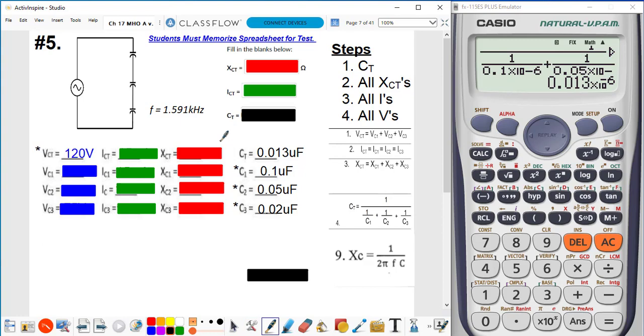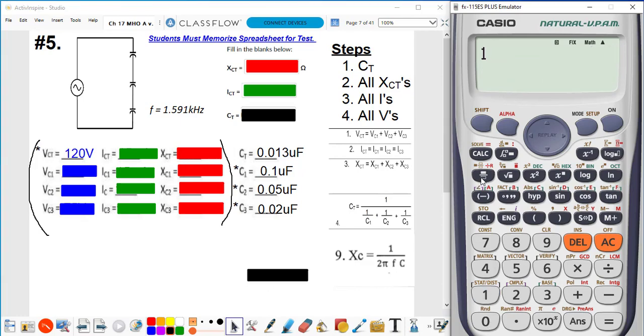Remember that inside of these parentheses here, we can use Ohm's law. So the first step that we're going to take, now that we have our total capacitance, we're going to apply formula number 9 to find our total capacitive reactance. So it's going to be 1 over under 2, hit shift, exponent button, pi, times, we need our frequency. We see our frequency right here.